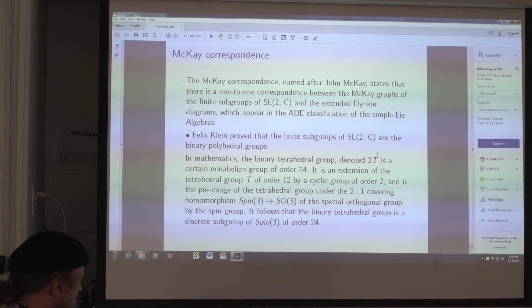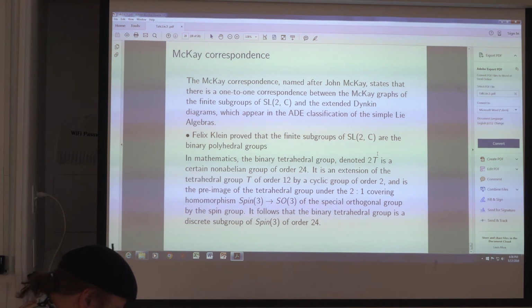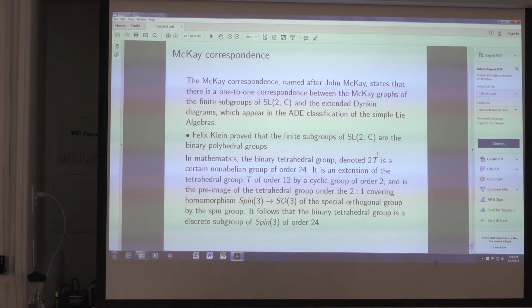There is actually on the Wikipedia page a very nice explanation of the McKay correspondence. And I remember a few years ago, there has been so much written about the McKay correspondence.